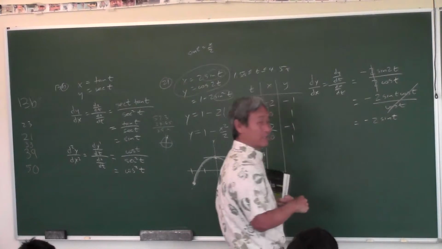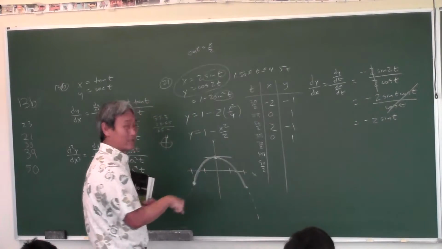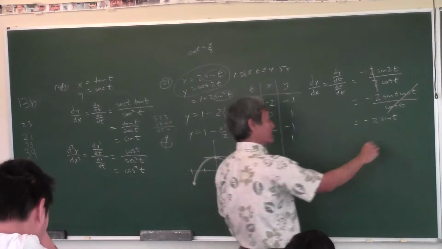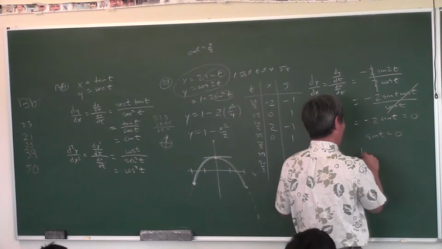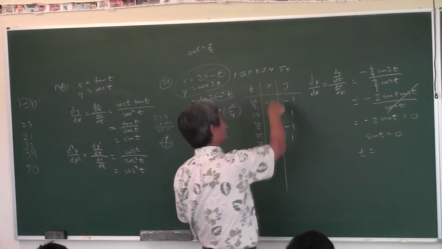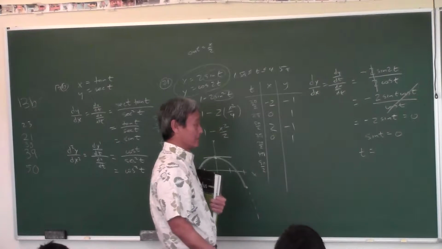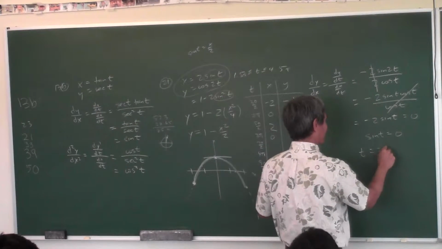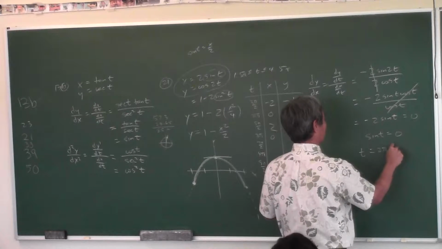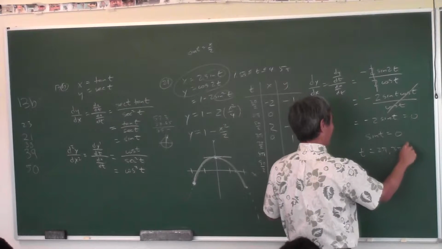So this is dy/dx. We want to know when that is equal to 0. Well, when sine t equals 0. And when would that be over this interval? 2 pi, 3 pi, and 4 pi.